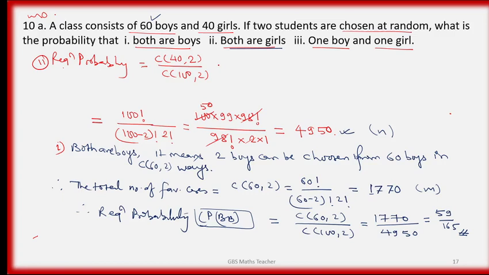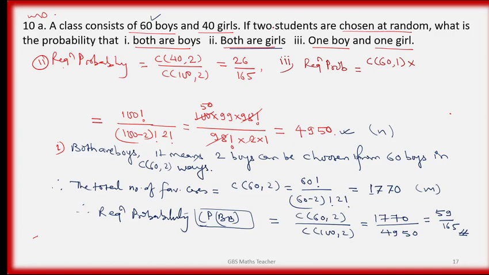And now for the third case, dear students, one boy and one girl is the required probability. Now you have to understand: one boy from how many boys, C(60,1), times one girl from 40, C(40,1). In total, we choose 2 from 100, C(100,2) selection. In this calculation you will get the answer 16 by 33.